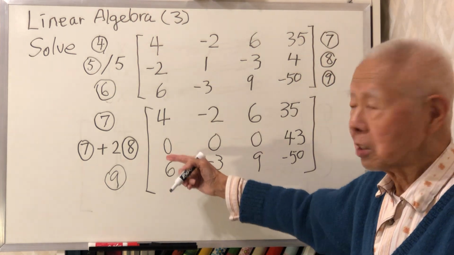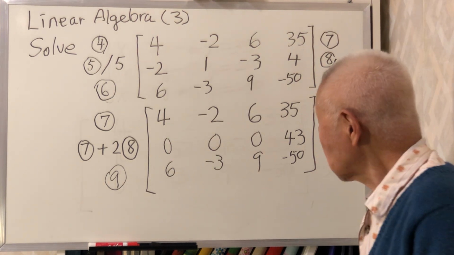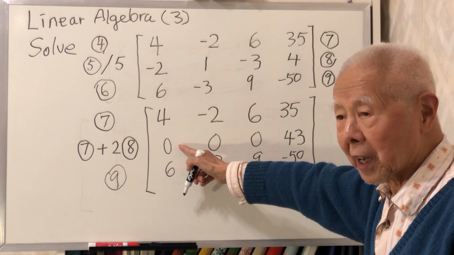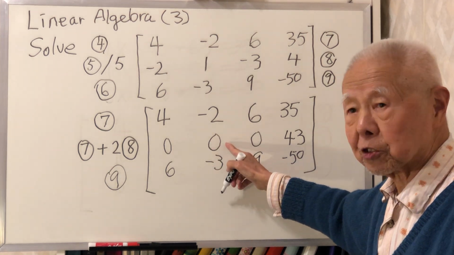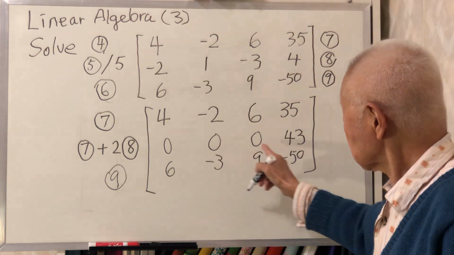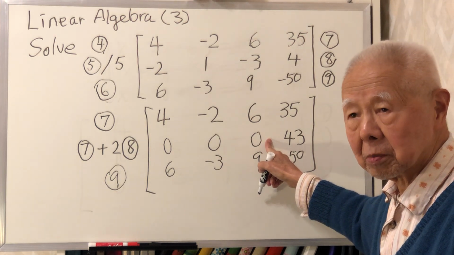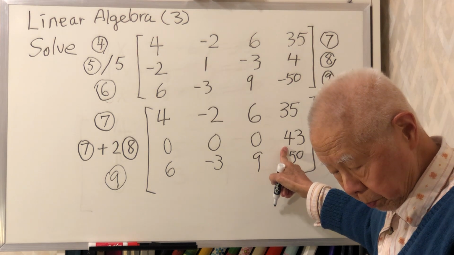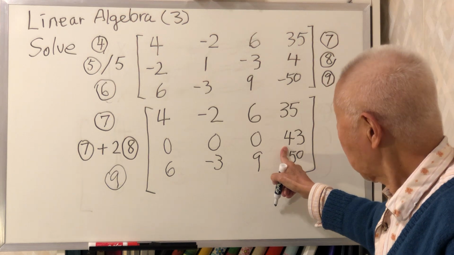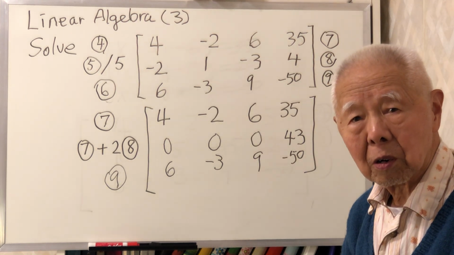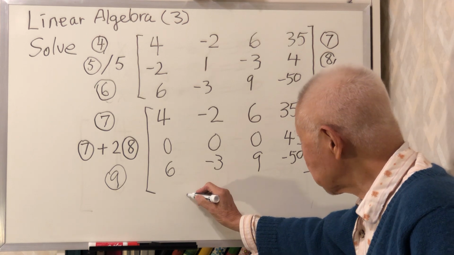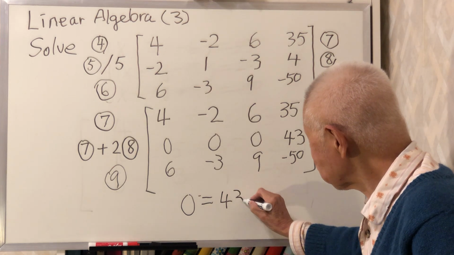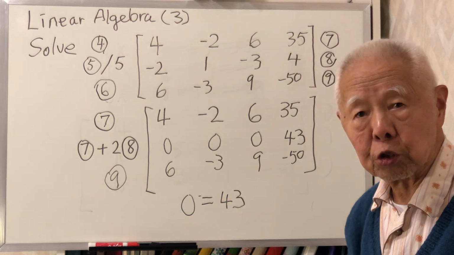So I have this result. Look at this row. This row means 0x plus 0y plus 0z equals 43. That is not right. I cannot have 0 equals 43. This is not true.